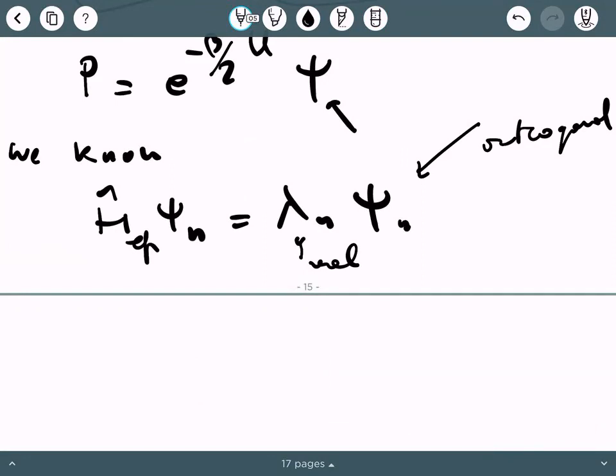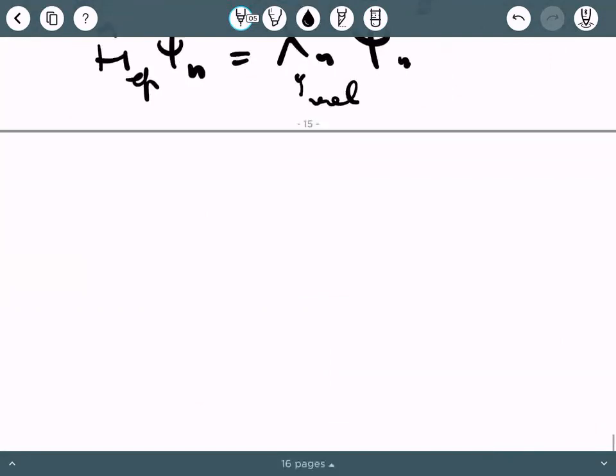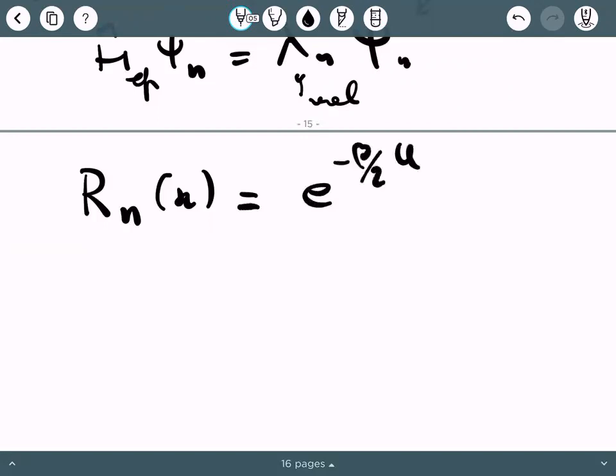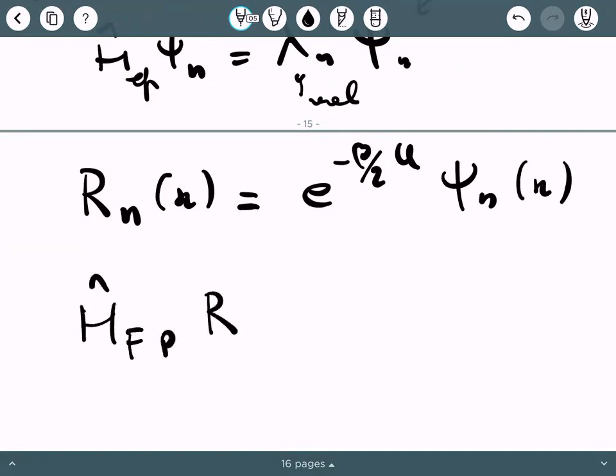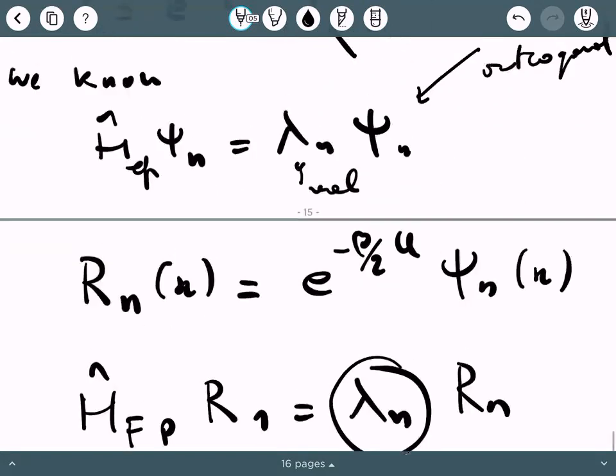So the fact that the spectral theorem applies to the Hamiltonian allows me to construct a complete set of, I still have to define what I mean by complete, but a set of right eigenstates of the Fokker-Planck equation. This will be e to the negative beta half u psi n. And if I apply the Fokker-Planck operator here, then I will get lambda n, right n, where these lambda are the same as this lambda.